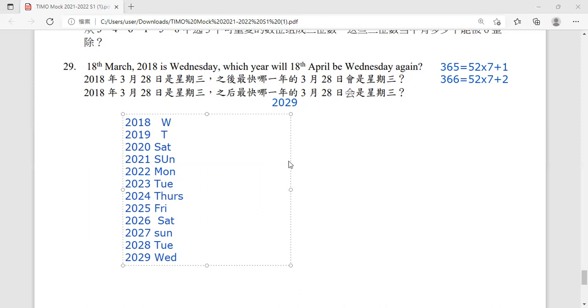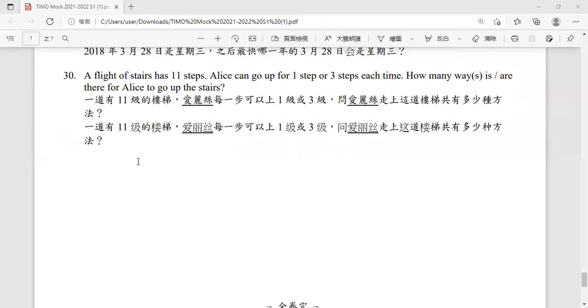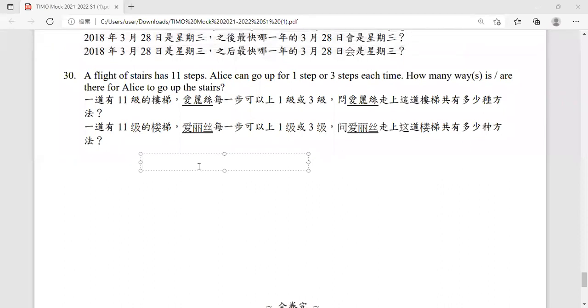Okay, the last question. Very easy. You just make the chart. You do the chart yourself. But please bear in mind that we are standing on the ground, so we have the step 0. You just do some adding, it's okay. So we start here.